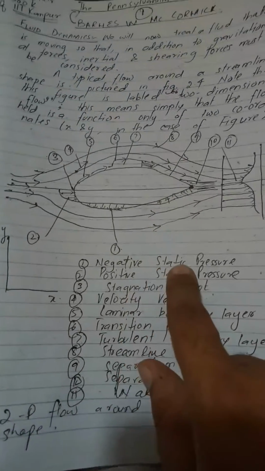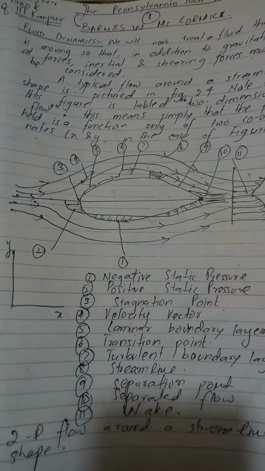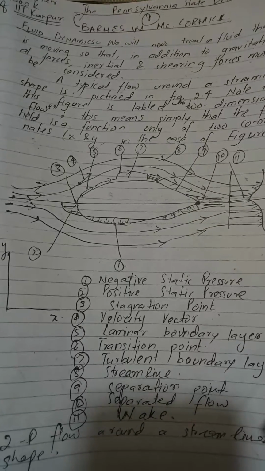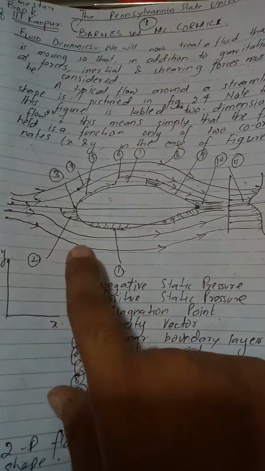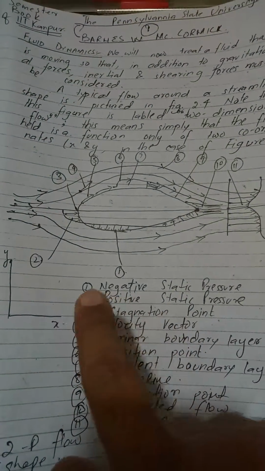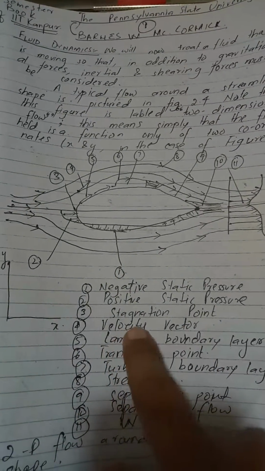Number 1 is the negative static pressure acting outward, and number 2 is the positive static pressure acting inward. Number 3 is the stagnation point.